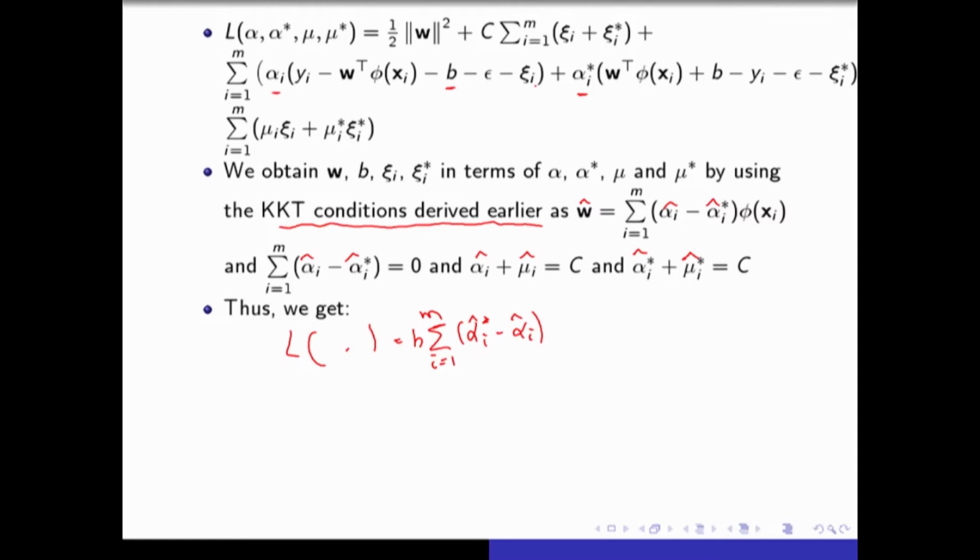Similarly, we can argue for some other terms. Look at the terms involving xi i's. What would we get? We would basically get an expression that is the summation of xi i times mu i.